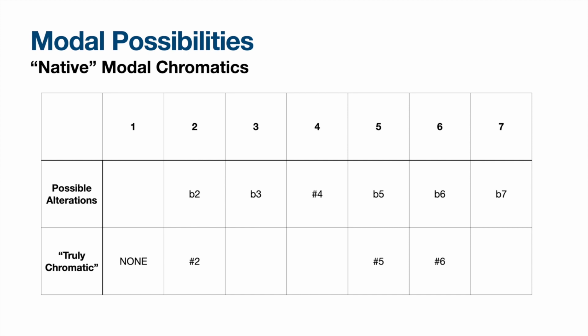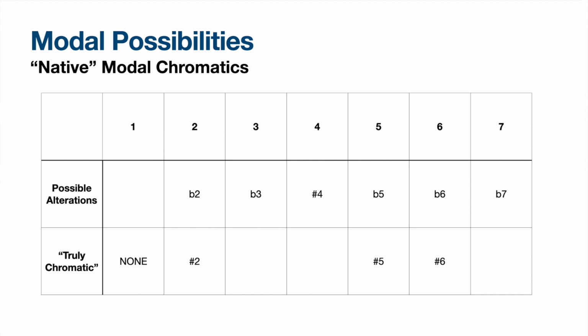Now, of course, you cannot alter 1. If you alter 1, then you're in a different key and you're off somewhere else. Okay, and then it's off to the wind. Everything's gone. Poof. So if I wanted to say what are truly chromatics, it would be a written sharp 2, a written sharp 5, or a written sharp 6.